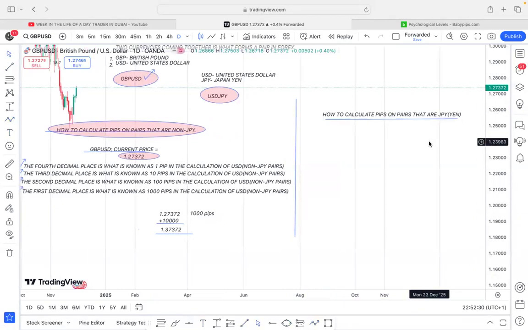So for example, let's say the current price. Let's use USDJPY as an example. Let me go on the pair and show you, and let's check for the current price together so that we can all follow up and understand.